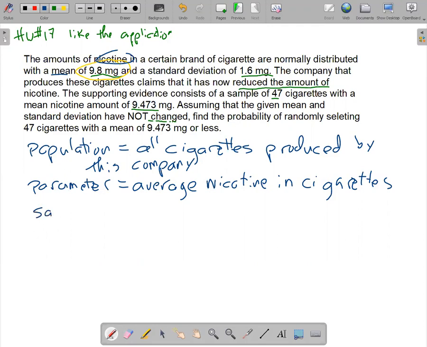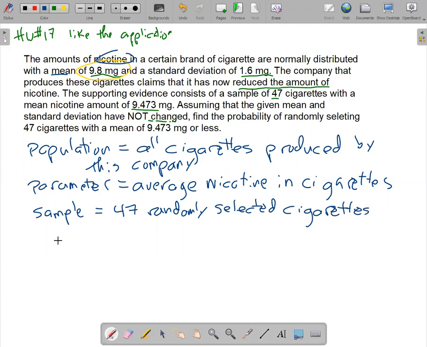What's the sample here? The sample is 47 randomly selected cigarettes. And what is the statistic? Remember, a parameter is a measurement from a population. A statistic is a measurement from a sample.